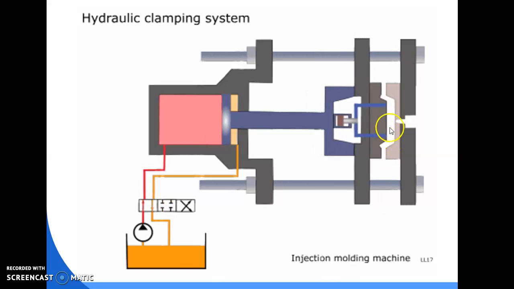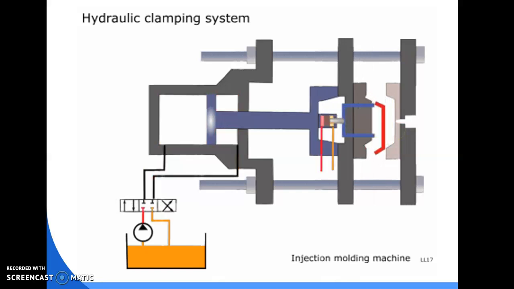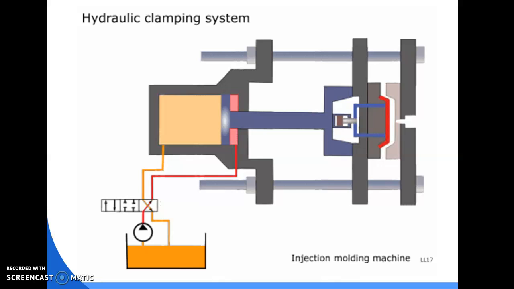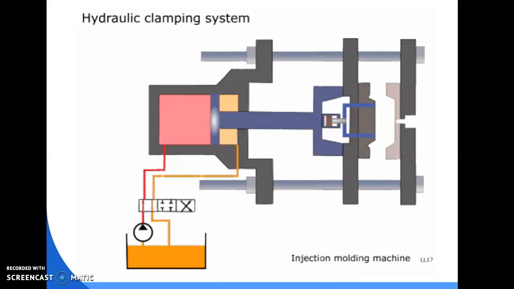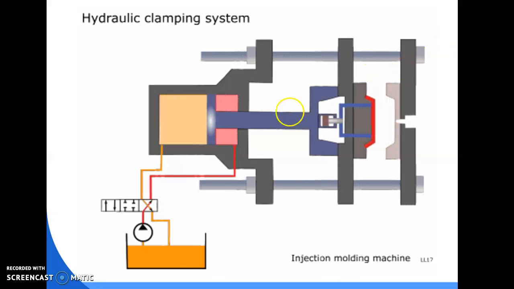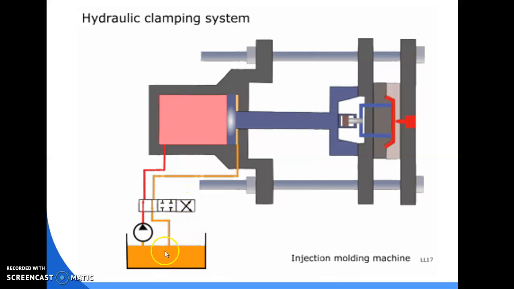While we press the mold, that red color metal billet will be formed into the shape of the mold. So the energy that is required for the action of molding is transmitted by using the hydraulic accumulator.